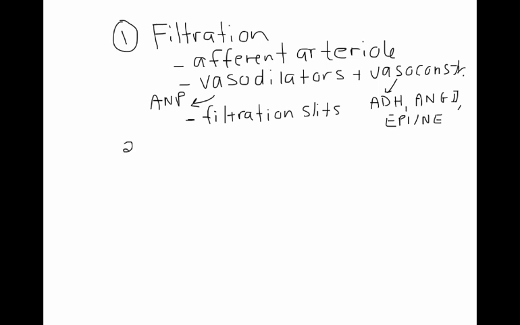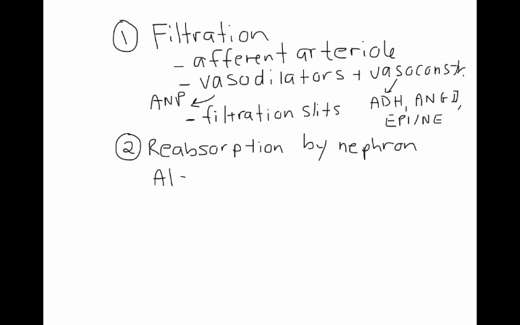The second general thing is reabsorption by the nephron, which is what we just talked about. And so we have, again, 3 different hormones to consider. We have aldosterone and A and P, which influence sodium reabsorption in the distal tubule.